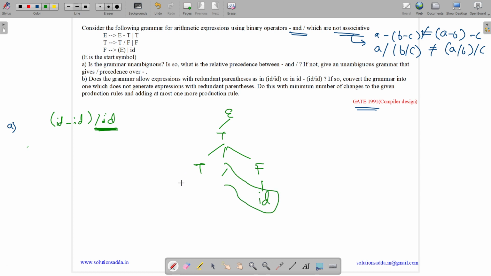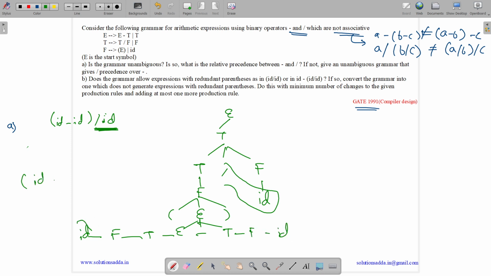Now we will do T implies F, F implies parenthesis open E closed. Then we will do E implies E minus T. Then we will do E implies T, T implies F, and F implies id. And then T implies F and F implies id. So we have done it, we have generated id minus id divides id.